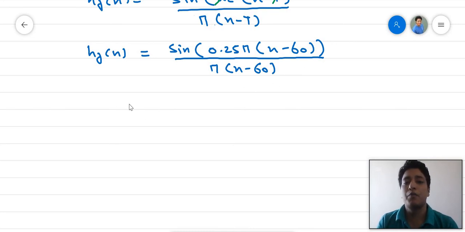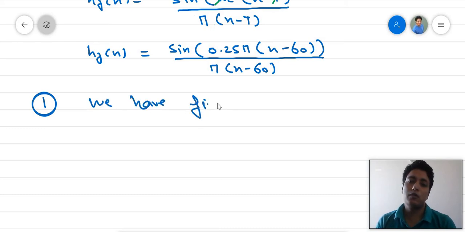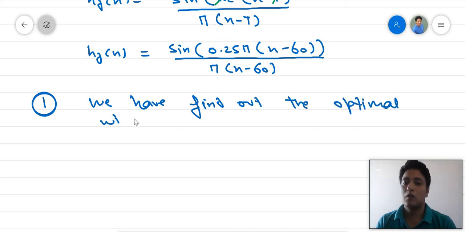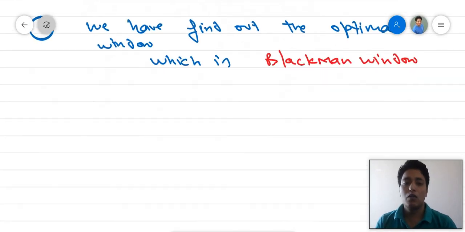After that it will repeat. Now, part one of the solution: we have found the optimal window, which is the Blackman window.